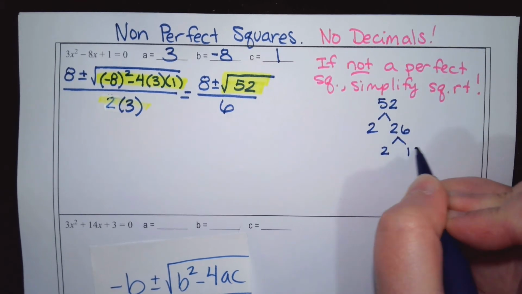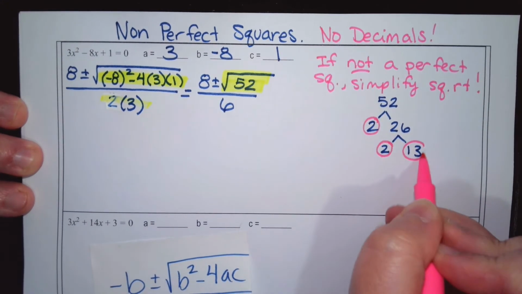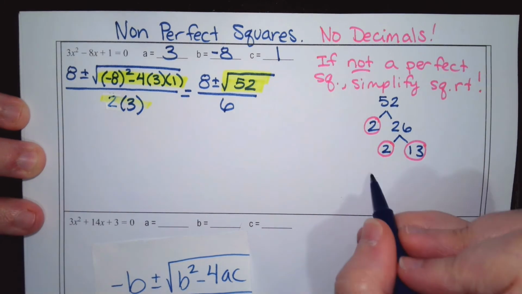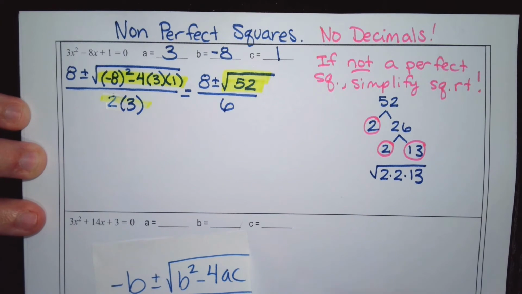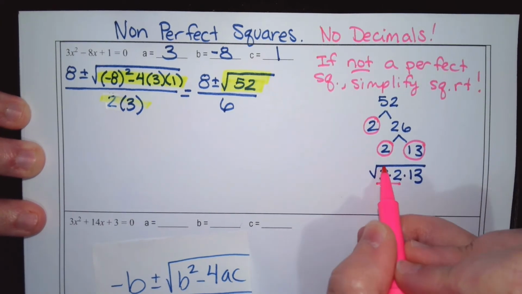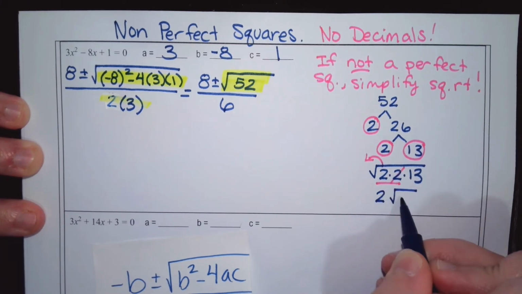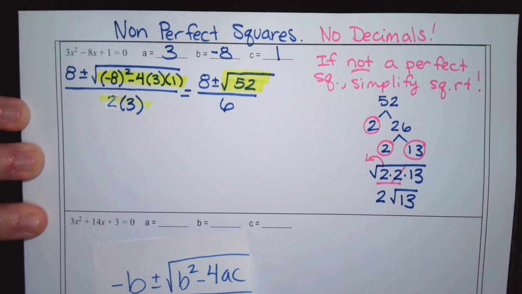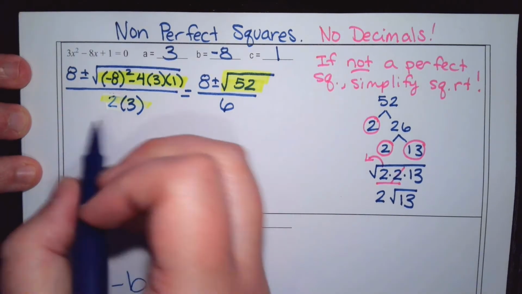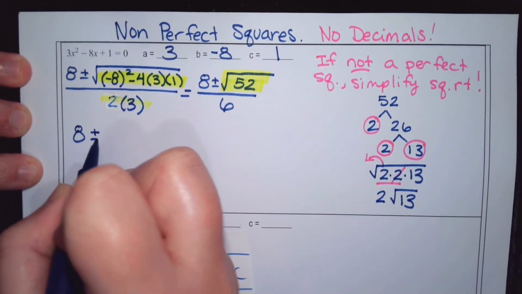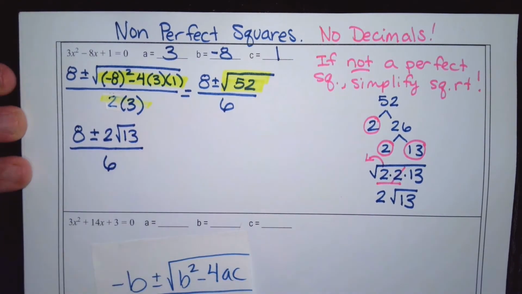We get 2 and 13. 2 is prime, and 13 is prime. So we get 2 times 2 times 13. Find the pair. Keep 1, chuck 1. So 2 comes to the outside, and 13 stays inside. So we're going to replace radical 52 with 2 root 13. So we have 8 plus or minus 2 root 13 all over 6.